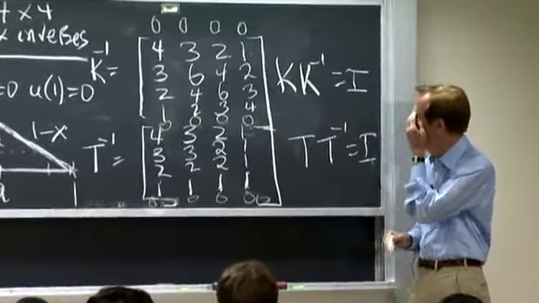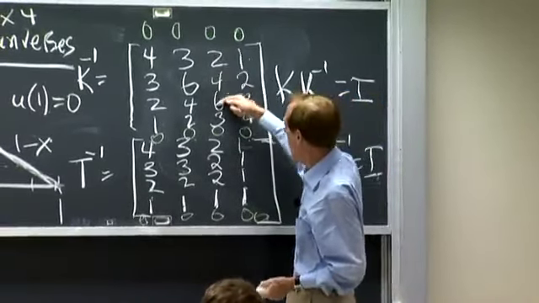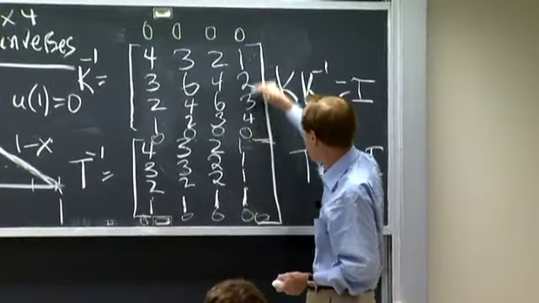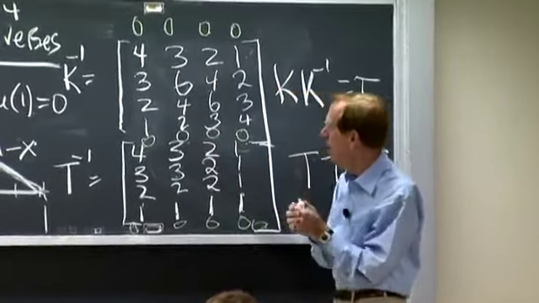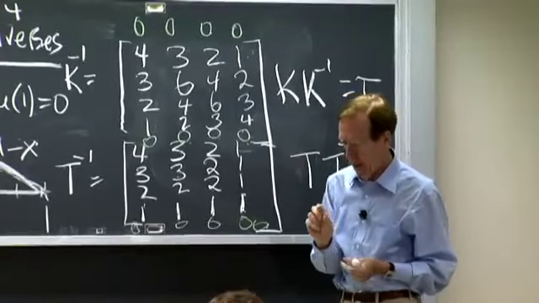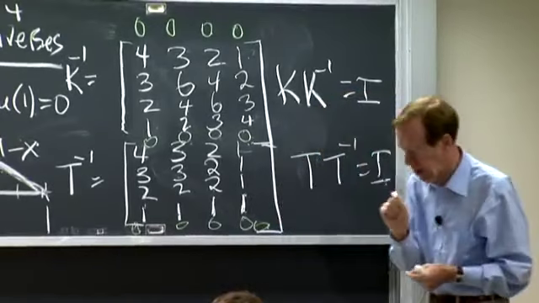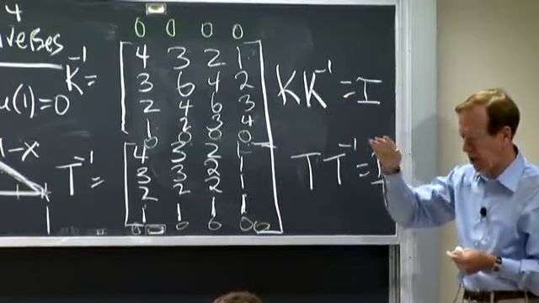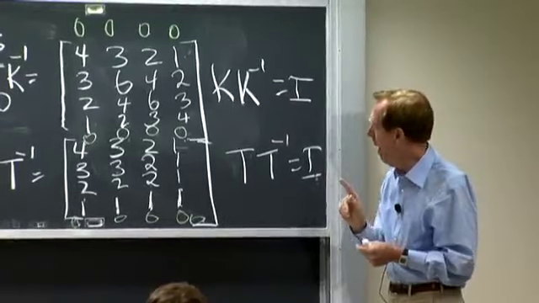Wait a minute now. Okay, we've got the right overall picture. Climbing up, dropping down. Climbing up, dropping down. Climbing up, dropping down. All good. But we haven't checked yet that the change in the slope is supposed to be 1.